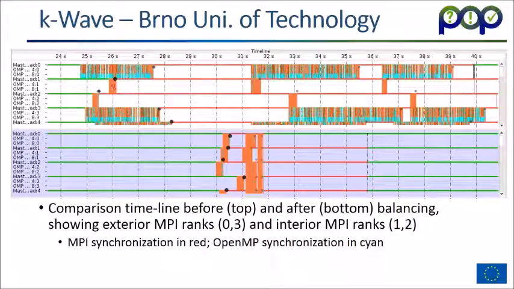On this trace, the red shows MPI synchronization, and the light blue is OpenMP synchronization. The top trace in this case was the initial performance, showing the load imbalance. You'll see the two outer processes, which are exterior MPI ranks in this decomposition, spend a lot more time in communication than the interior ranks.